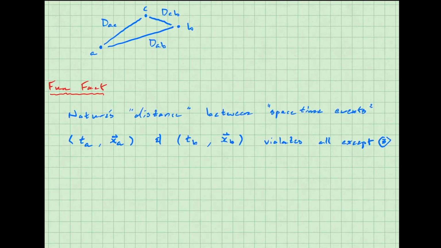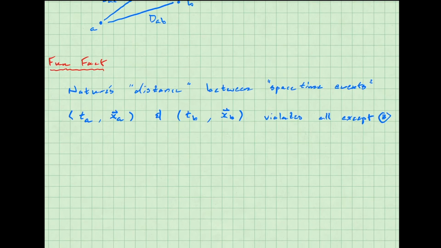And the way you write out space-time distance, in case you're curious, is an example in empty space. It turns out this gets influenced by gravity. So in empty space, D_AB squared, between these two, looks like this.